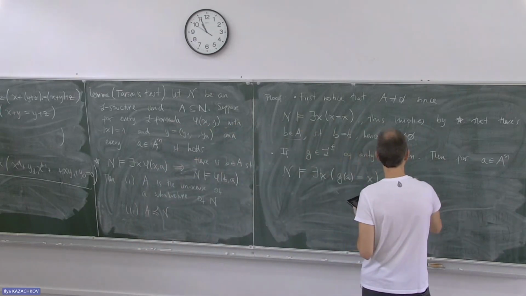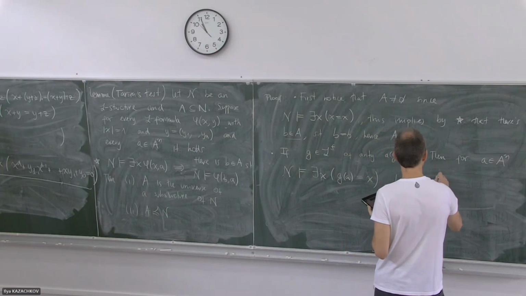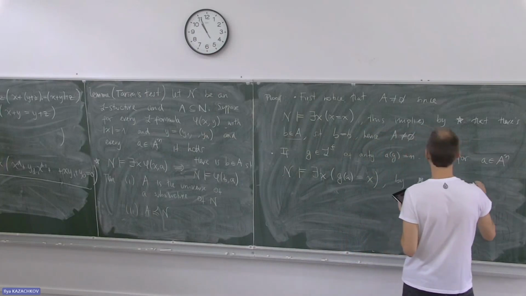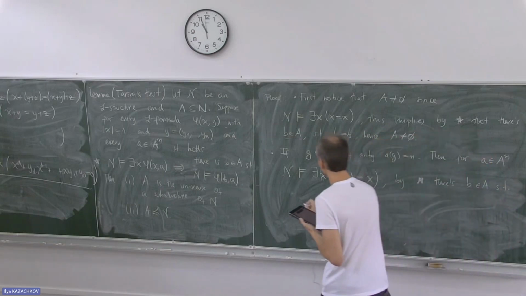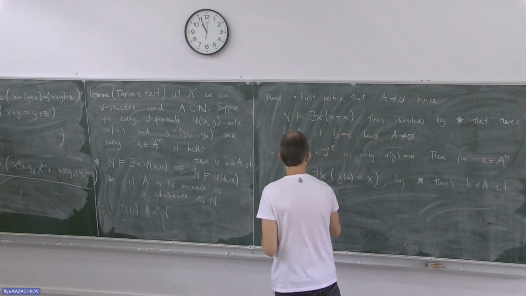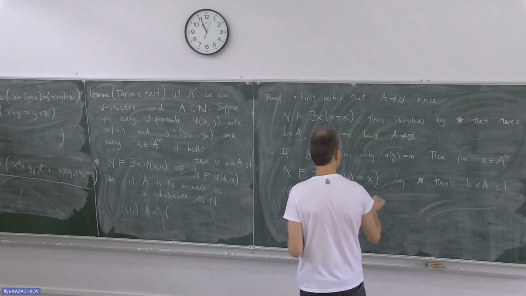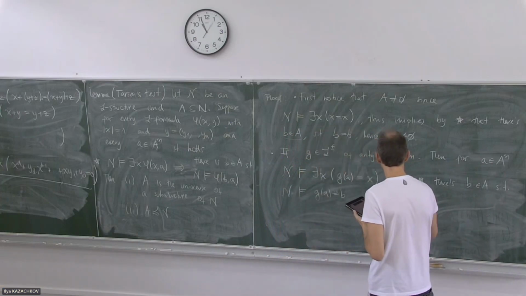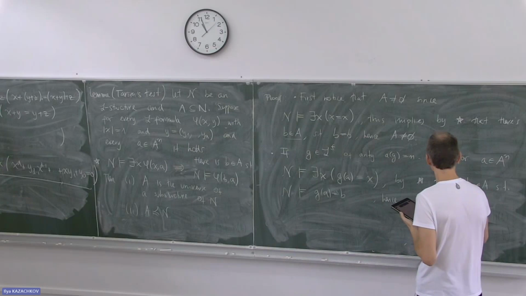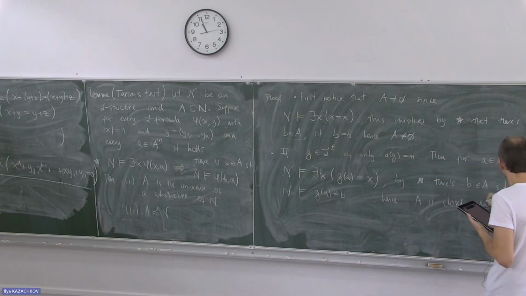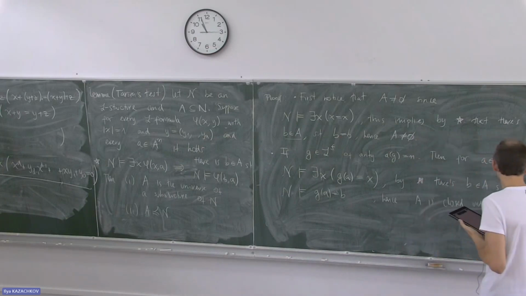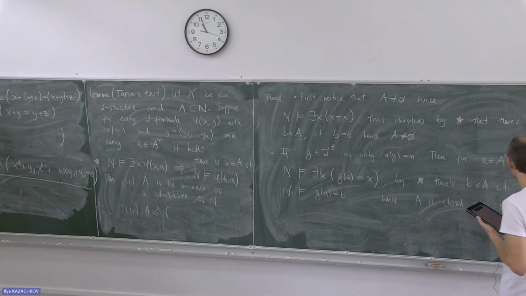Then by star, there is a B in A such that N satisfies that G of A equals B. Hence, A is closed under the function G of N. So I have an interpretation for my function in A.